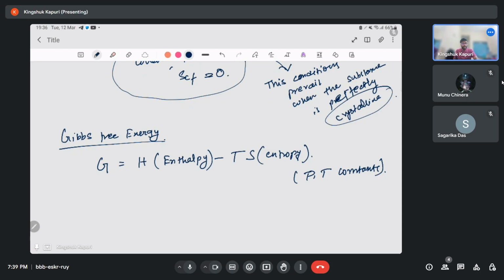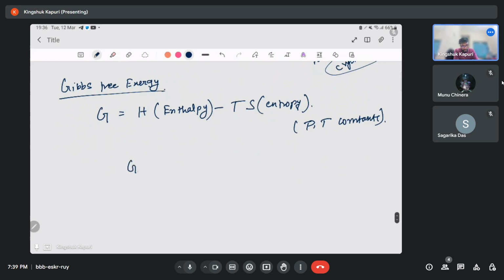And we also know that G is inversely proportional to stability. The reason is that when G decreases, the stability of a substance increases, right? Every substance likes to stay in the lowest energy condition.